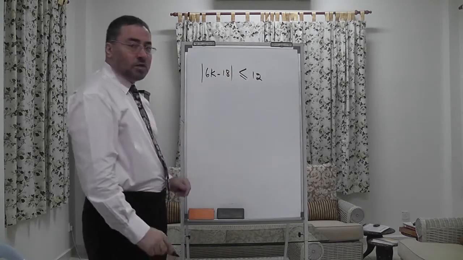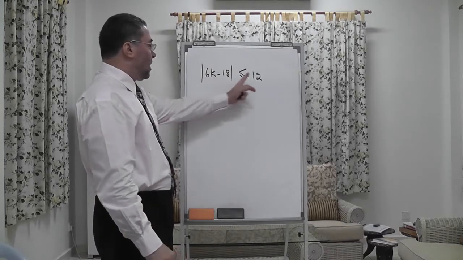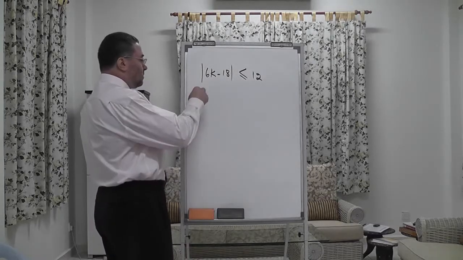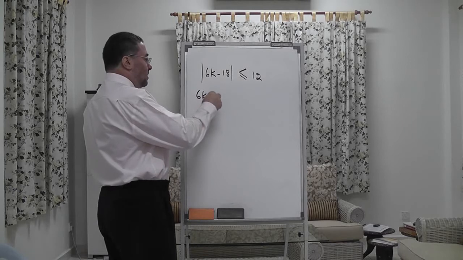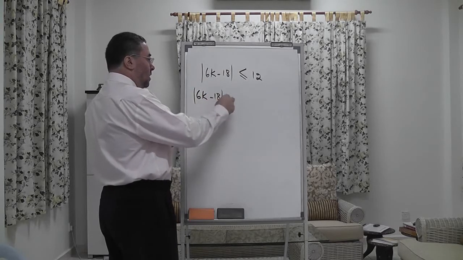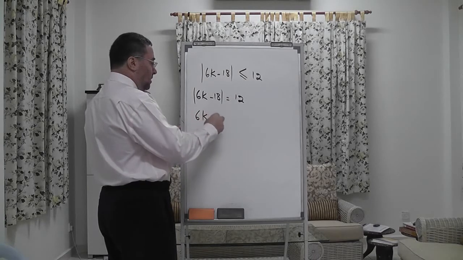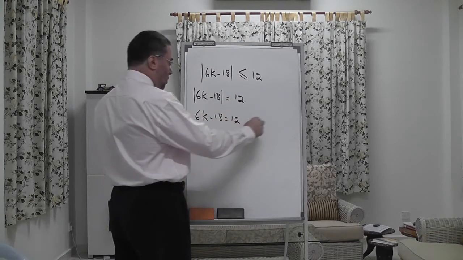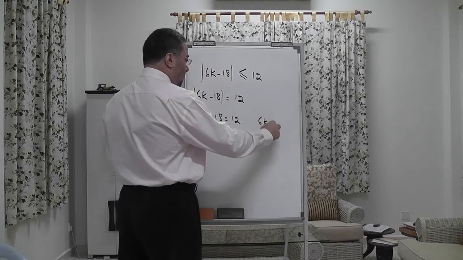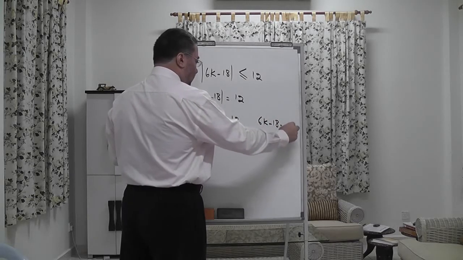Here again, we're going to use the fast way. We are going to equate our absolute to 12 and get the roots. So 6k minus 18 equals to 12. Here we have two situations, 6k minus 18 equals to 12, or 6k minus 18 equals to minus 12.